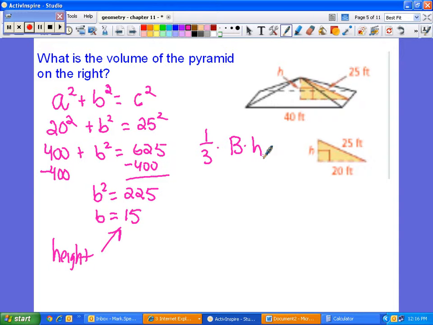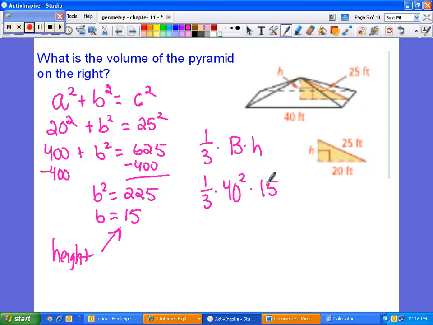Now, you have to be told it's a square pyramid. It doesn't say it, but we'll say that it is. So it's 1/3. My side is 40 squared times the height, which is 15. Again, I like to simplify first. So I'm going to simplify.